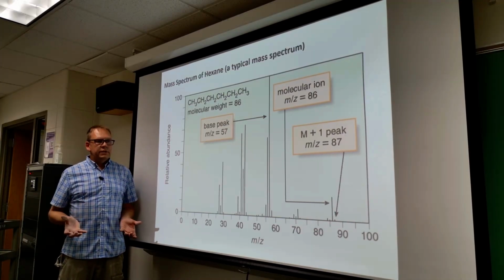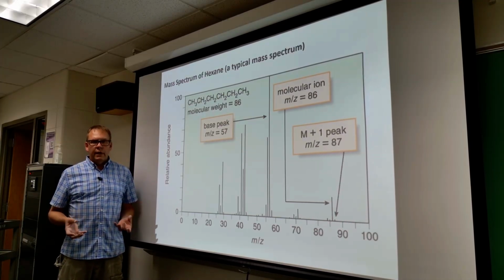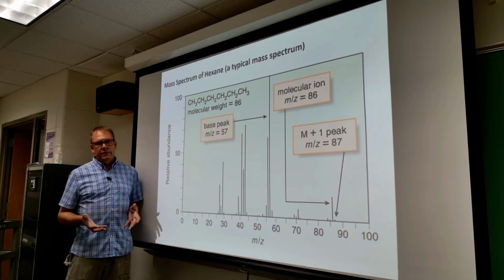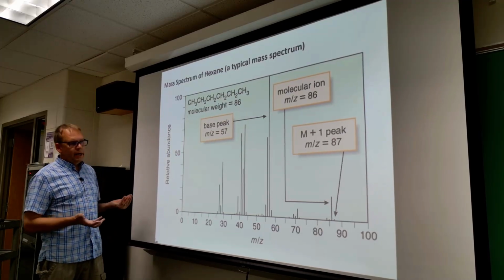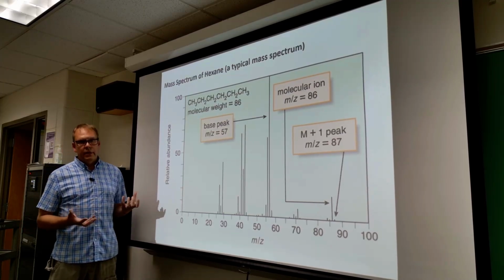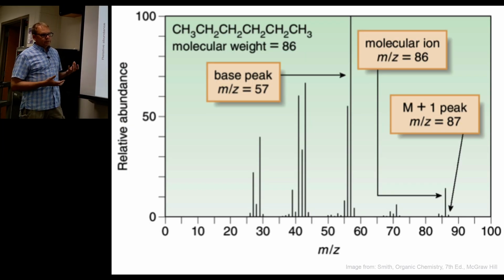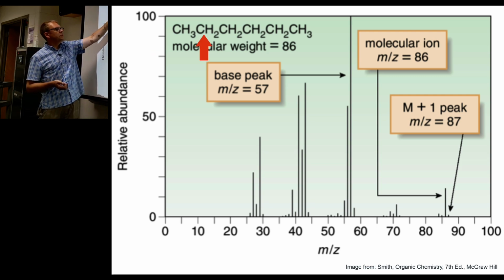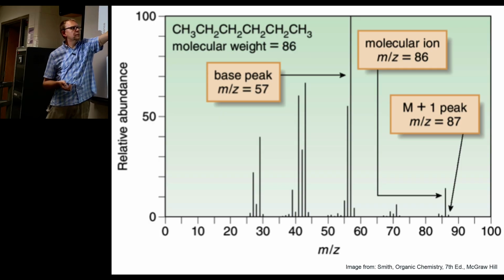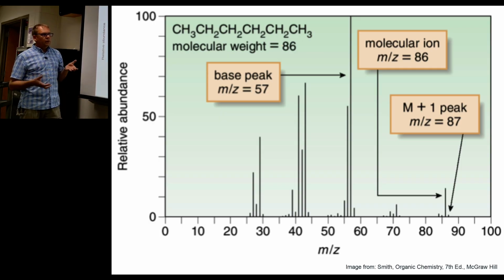Okay, now that you have an idea of what a molecular ion is and how it forms, we need to talk about where do you find it in a mass spectrum, and then how can you use it to help you identify a molecule. So here's a spectrum of a typical molecule. This is a spectrum of hexane, the structure CH3, CH2, CH2, CH2, CH2, CH3, a simple alkane.